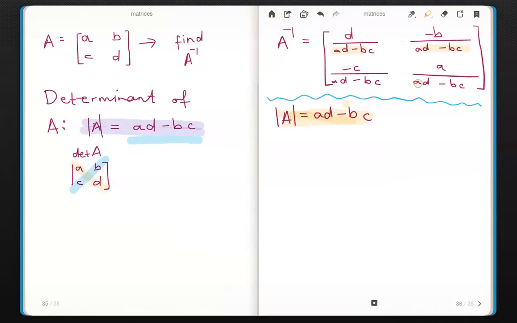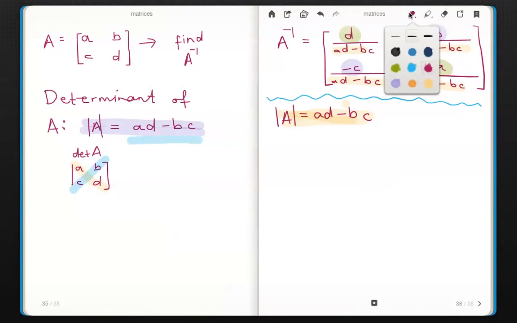We divide every element by that determinant. As for the numbers up here, you might have noticed that D and A have swapped place. Normally A is up here, D is down here. B and C are in their right places, but they're negative.